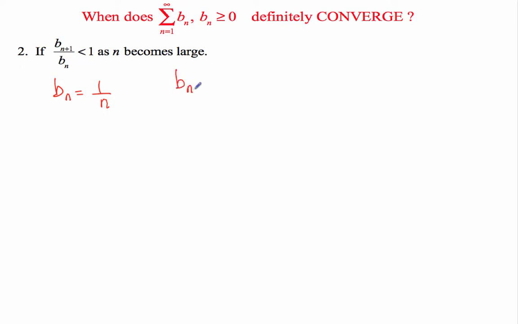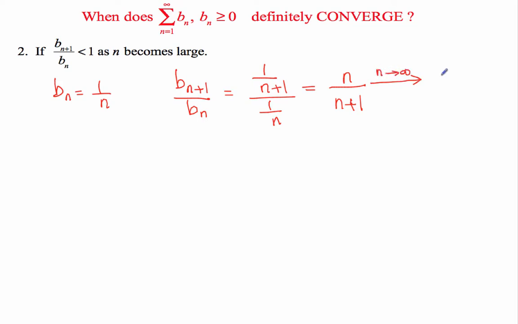Bn plus 1 over Bn is 1 over n plus 1 divided by 1 over n, which is n over n plus 1. As n becomes larger and larger, this will tend to 1. This means that the ratio test does not tell us anything.